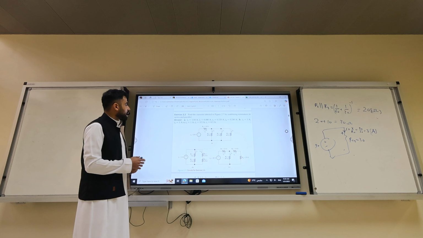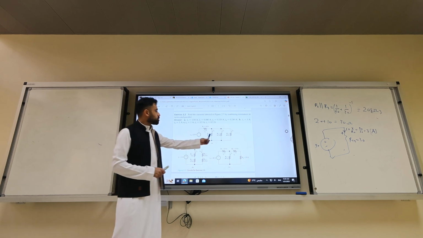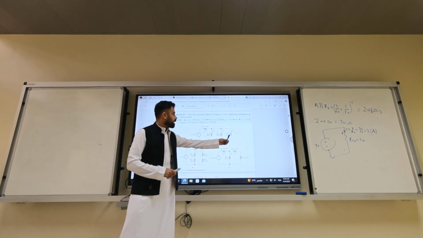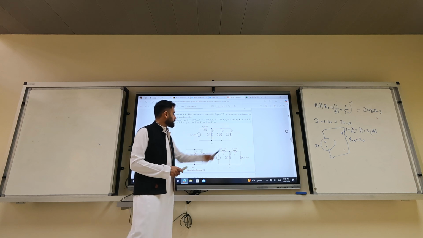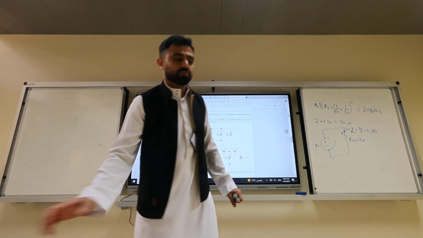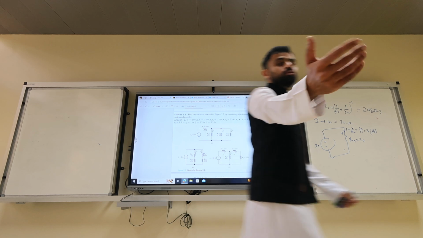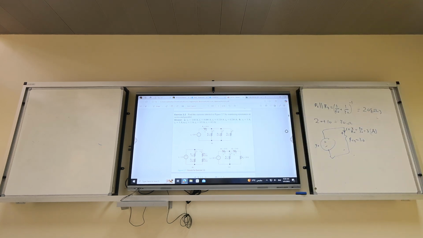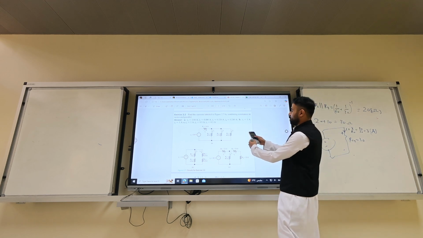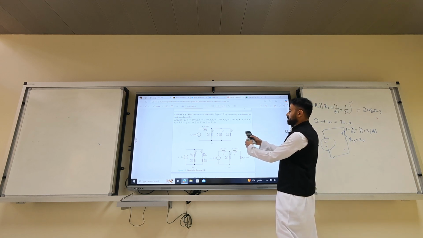How to solve this problem? R2 parallel with R3 parallel with R4. What's the equivalent answer? If you don't use a calculator, give me your calculator. It's going to be 1 over 40 plus 1 over 30 plus 1 over 20, and then you take the reciprocal.